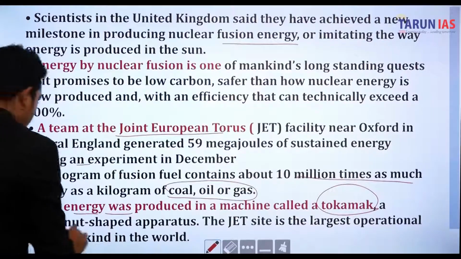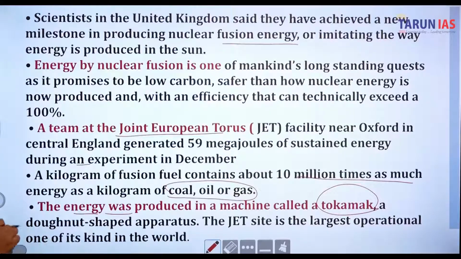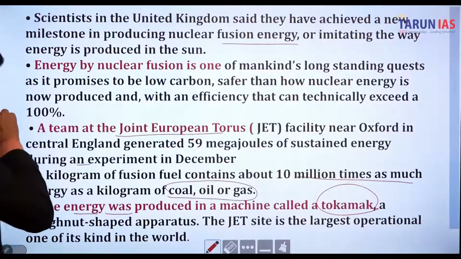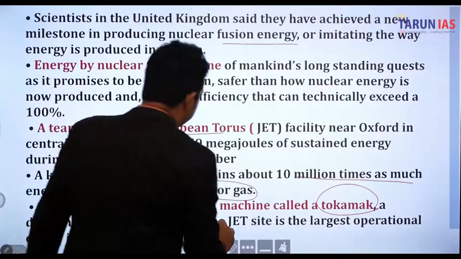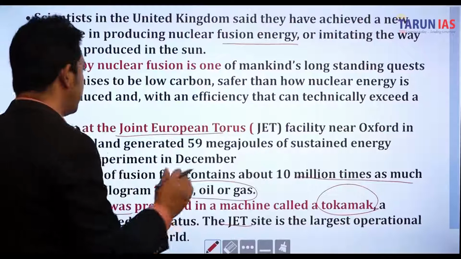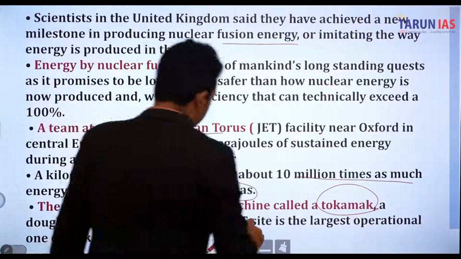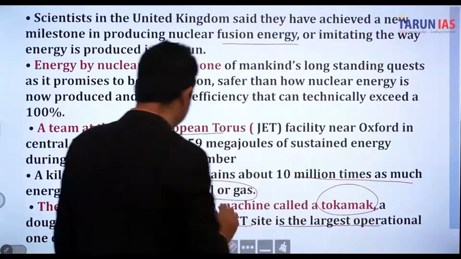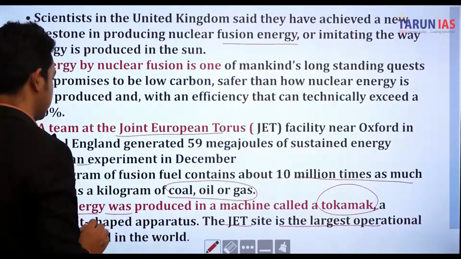A tokamak is a donut-shaped apparatus, and the JET site is the largest operational one of its kind in the world. So JET, which we have discussed, the Joint European Torus, is the largest operational one of its kind in the world.